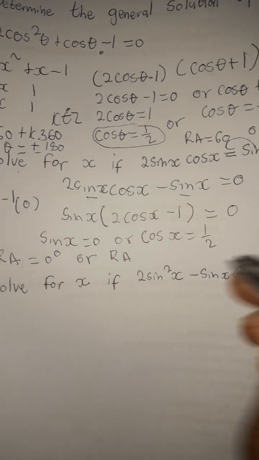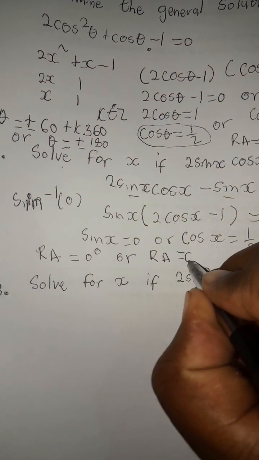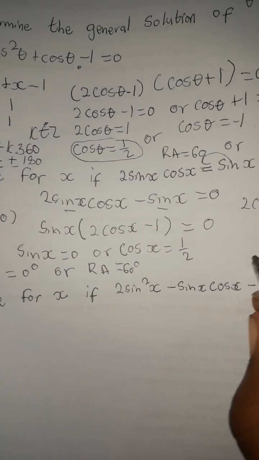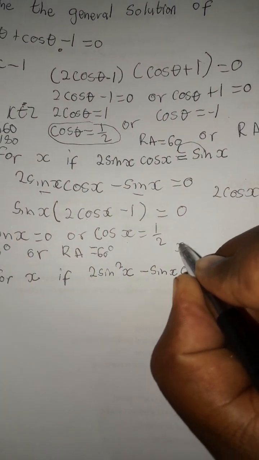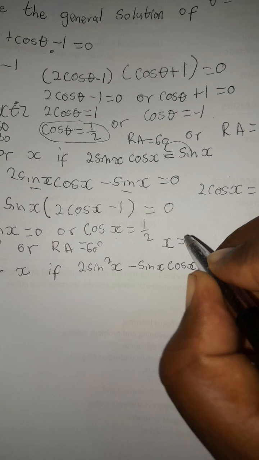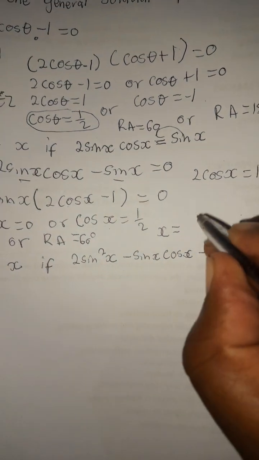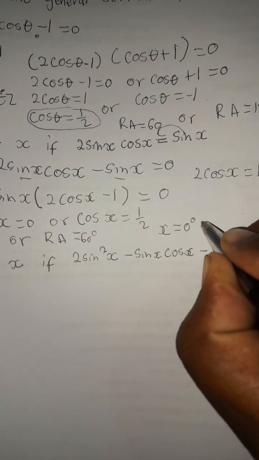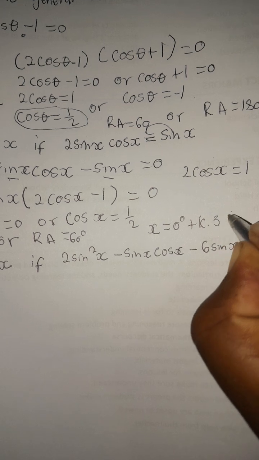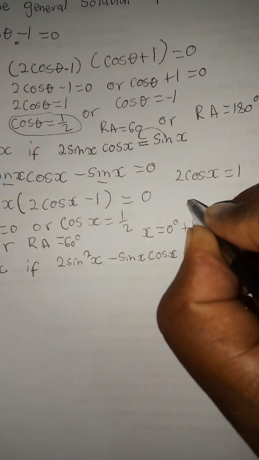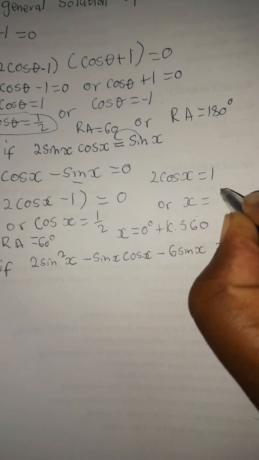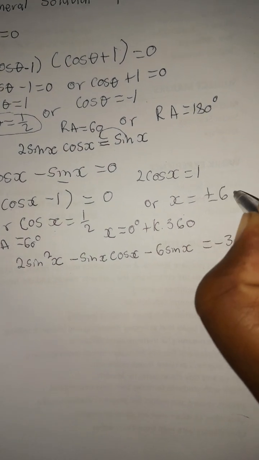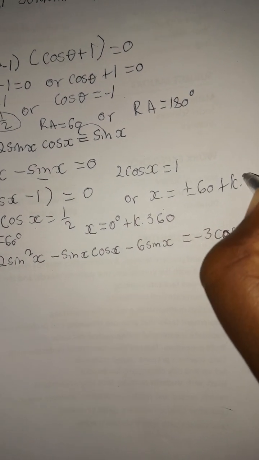We are getting 60 degrees. What about our solution? The first one will be, remember dealing with sine, so this will be x equals 0 plus k times 360. For 60, it will be x equals plus or minus 60 plus k times 360.